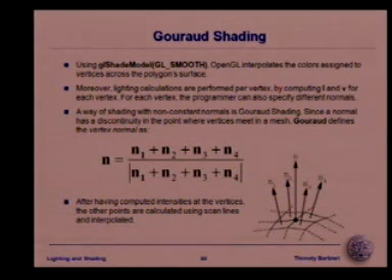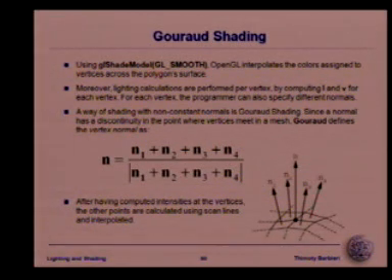and it proposes to use a different normal. When you have to decide a color, using the Phong model, one of the four vectors is n, the normal.